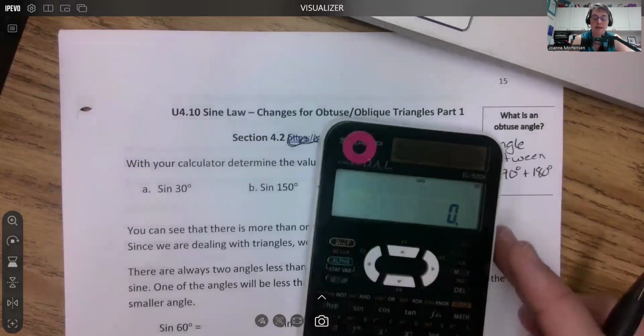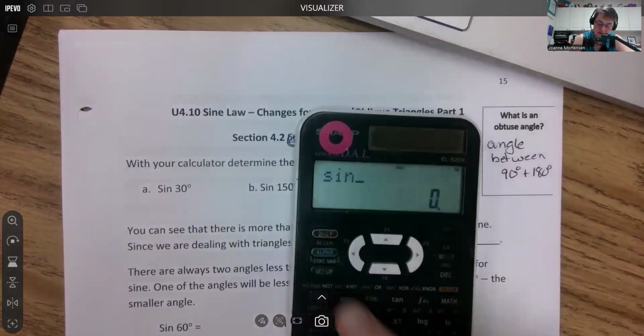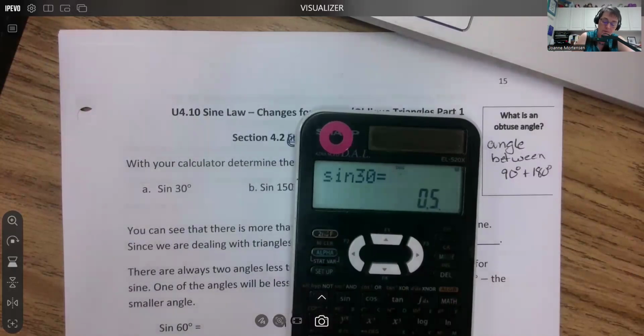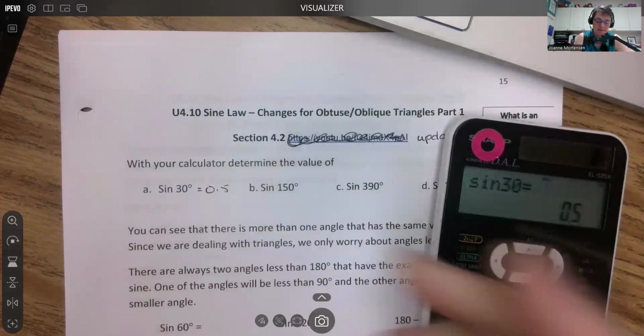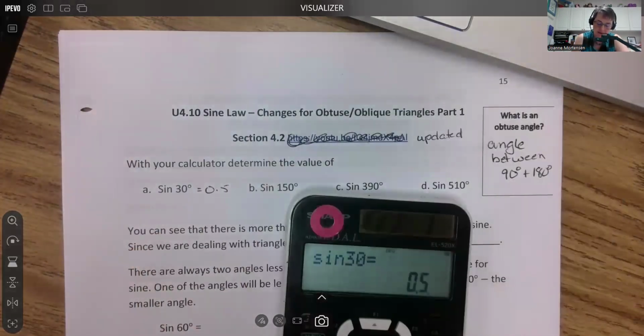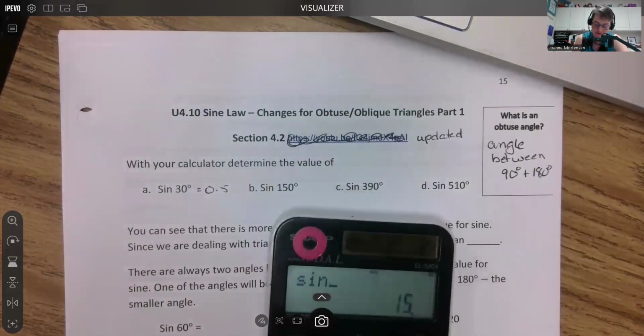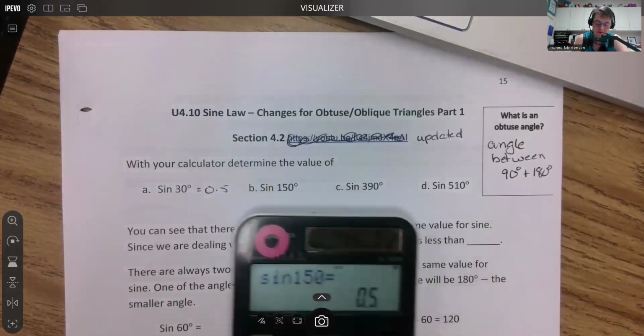We need to do the sine of 30 degrees. Sine 30. Okay, 0.5. And now we do sine 150. Oh, weird. Also 0.5.